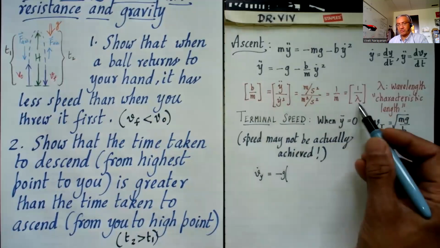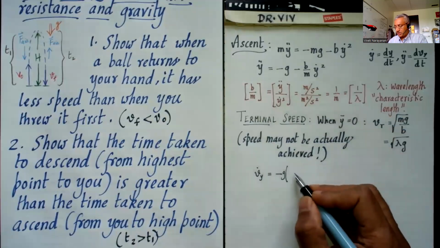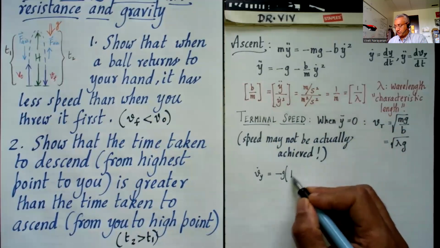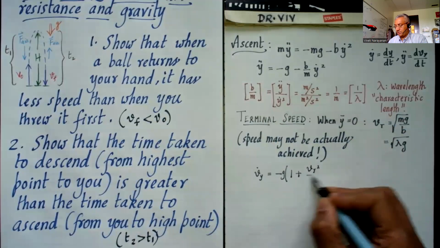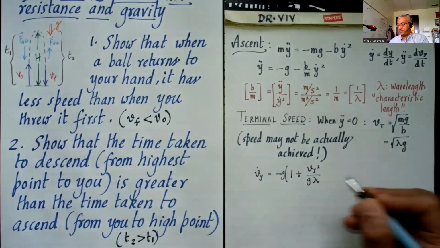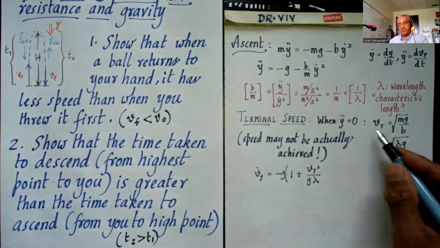So I'm going to write that as 1 plus vy squared over g lambda. But lambda g is vt squared.